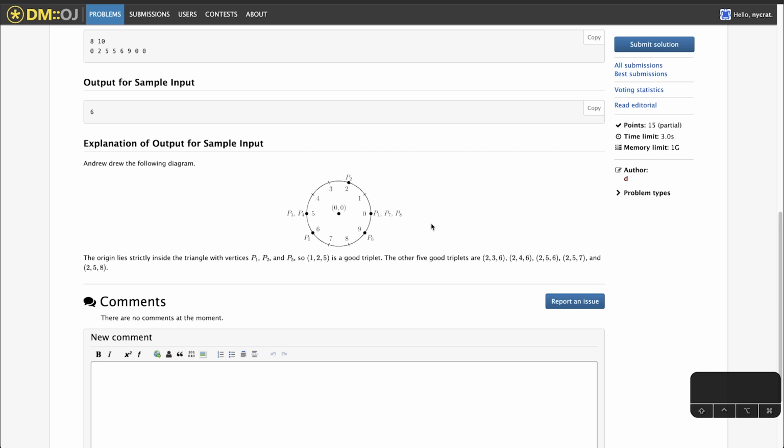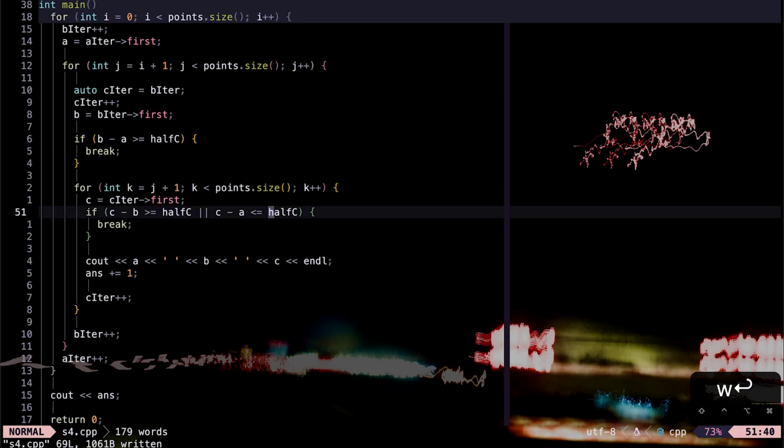But why doesn't something like, let's see, boom, boom, here. So 0, 2, 6. Why doesn't 0, 2, 6 work? Well, this should be good, right?